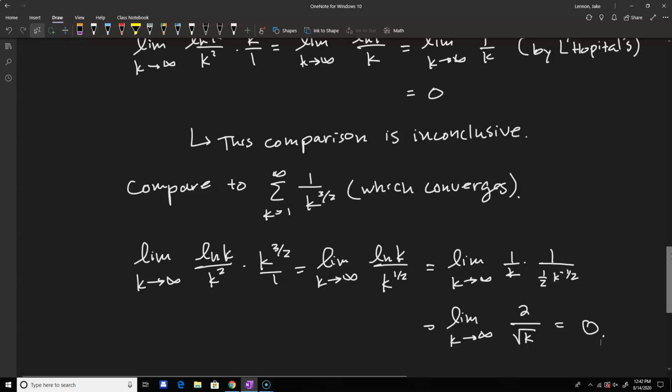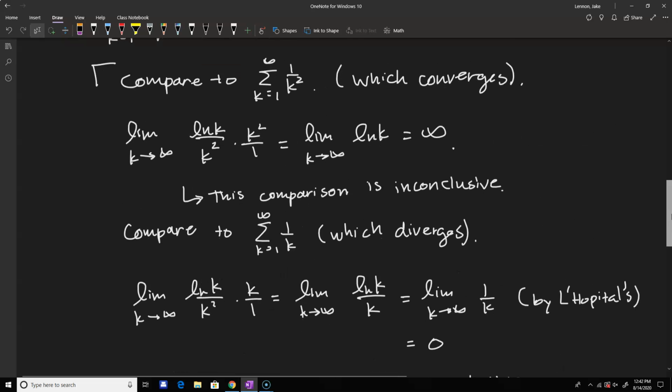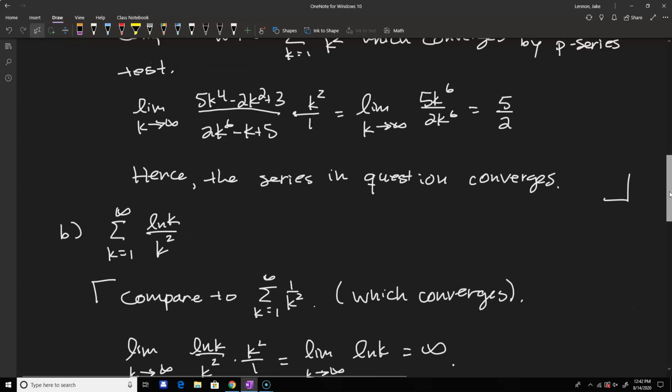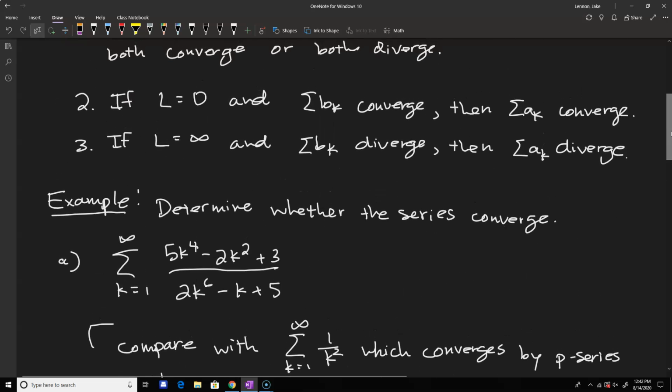So let's think about what happened here. We ended up getting the fact that the series that we're looking at converges, but the problem is, it went to 0. When we compared it to k, it also went to 0. But the problem with the harmonic series, it diverged, so it was inconclusive. But now 1 over k to the 3/2 actually converges. It doesn't diverge. So this is going to leave us in the camp of number 2. L equals 0. That's our limit. The series we looked at converged, so that's the 1 over k to the 3/2.